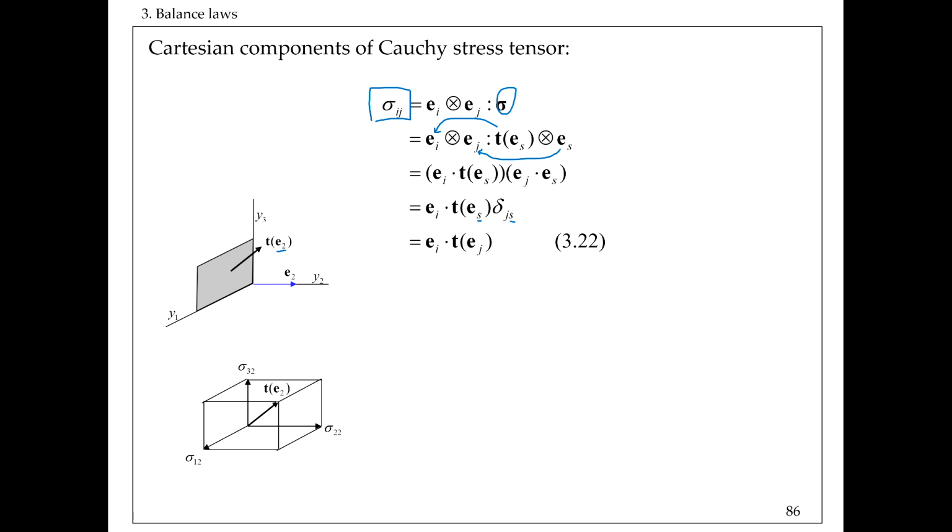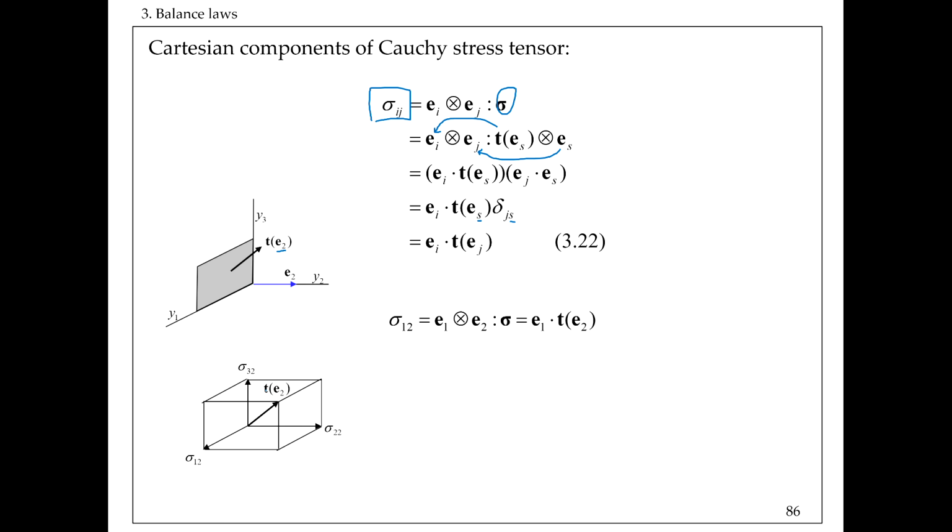In the case when all the components are non-zero, to obtain these components, for example for 3, 2 you would take the dot product with E3.